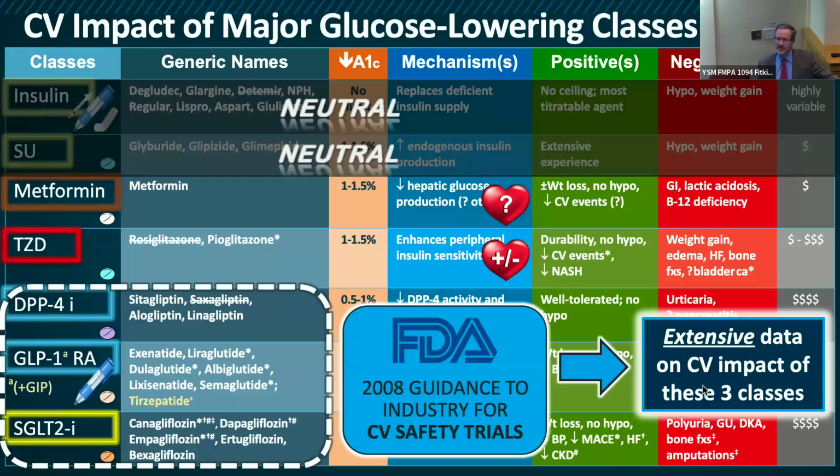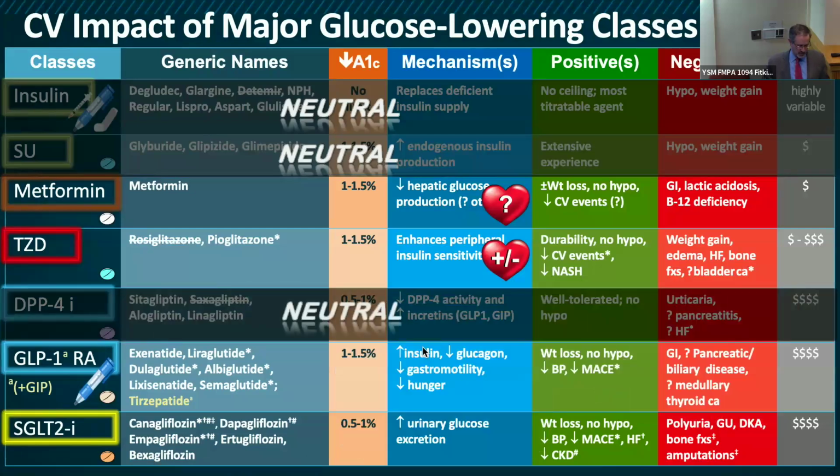And we have extensive information on these 3 drug classes that were emerging in the early 2000s, the DPP-4s, the GLP-1s, and the SGLT2s. I won't bore you with the DPP-4 inhibitor trials. They were huge, they were expensive, and the event rates between placebo and DPP-4 inhibition were absolutely superimposable.